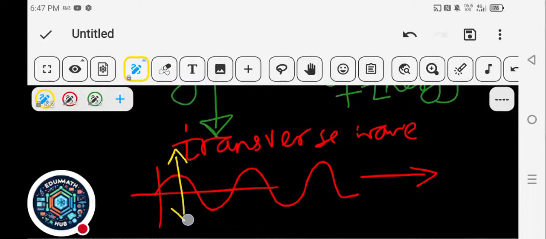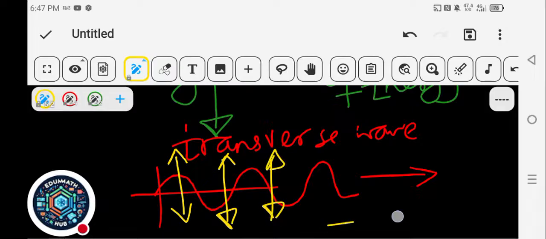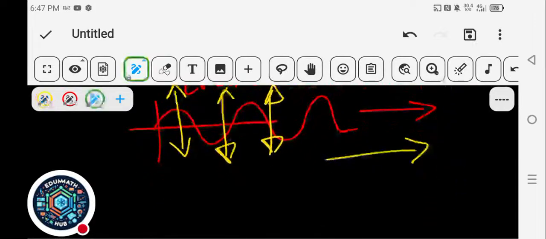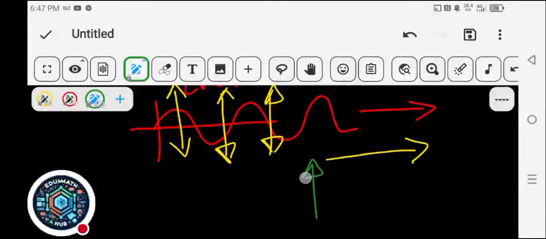So the wave is moving from maybe left to right, but the particles of the medium of which the wave is made up are moving up and down. So they are at right angles, at 90 degrees to each other. This kind of wave is called a transverse wave.